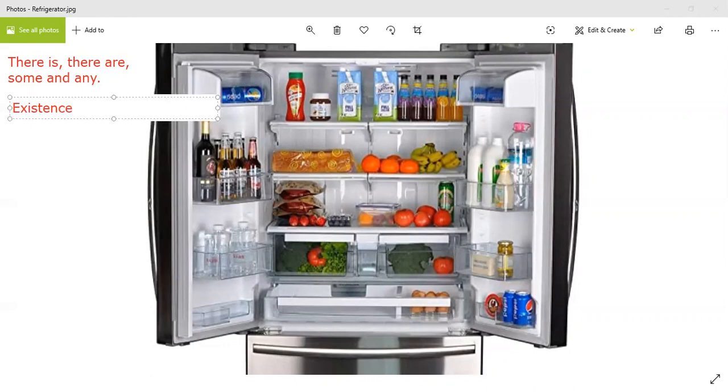So, existence. Let's talk about existence. When we talk about existence, we talk about things that we can see, things that are there in a place. Like for example, in this refrigerator, if we talk about existence, we have to say that there's milk in here. There is milk in here, yes or no?